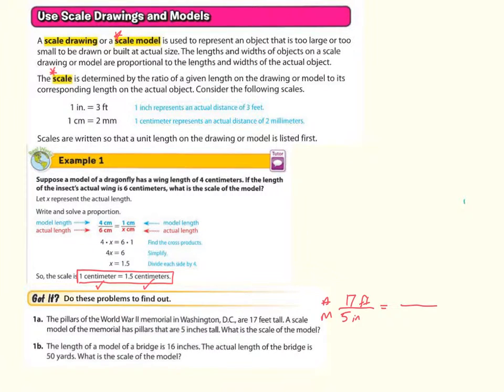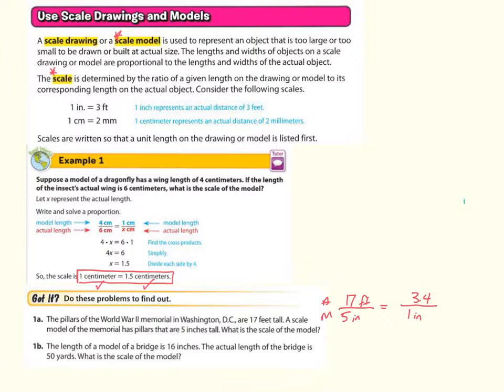Now, whenever you want to find the actual scale, because they don't give you the scale, we're always going to use 1. In this case, it's going to be inches. 1 inch for our model. And then we're going to find the actual by doing cross products. So 17 times 1 is 17, and then divide it by 5. That's going to give you 3.4.